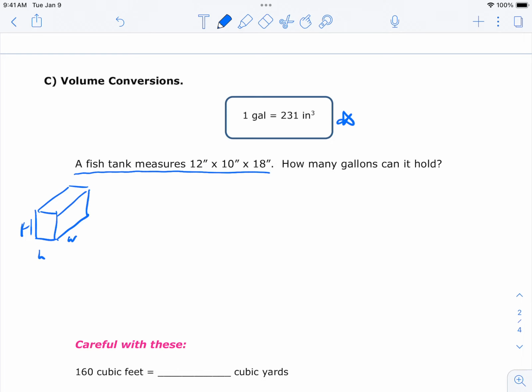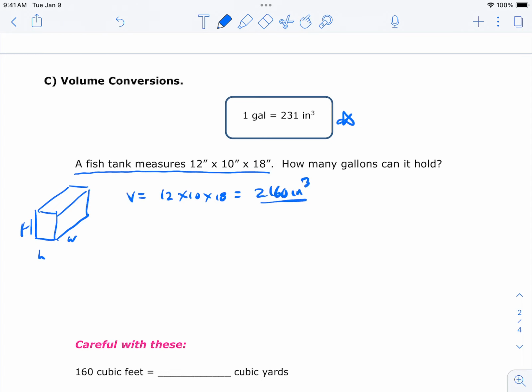It's not a cube, it's a kind of brick shape. So you just multiply these three dimensions together. I'm multiplying inches times inches times inches, which gives you inches cubed, or cubic inches. 12 times 10 is 120. Multiply that by 18, boom, 2160. So this is 2160 cubic inches.